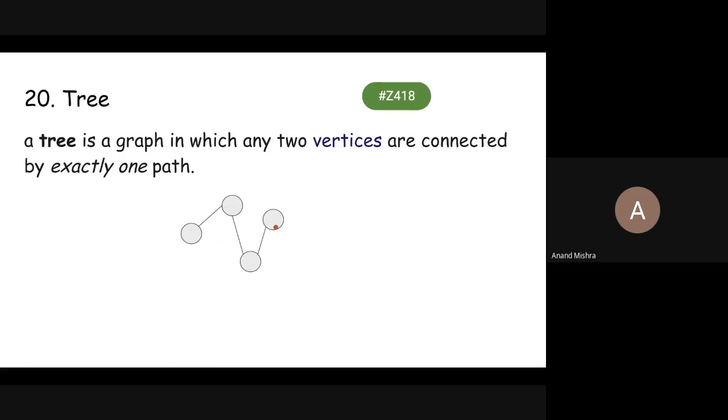So this definition also says that you cannot have a cycle in the tree, right? And if it's a graph which does not have a cycle, then it's a tree, right? As soon as you have a cycle, it violates the definition, and it is no more a tree. So tree is a widely used data structure also. I think you guys are doing data structures, right?